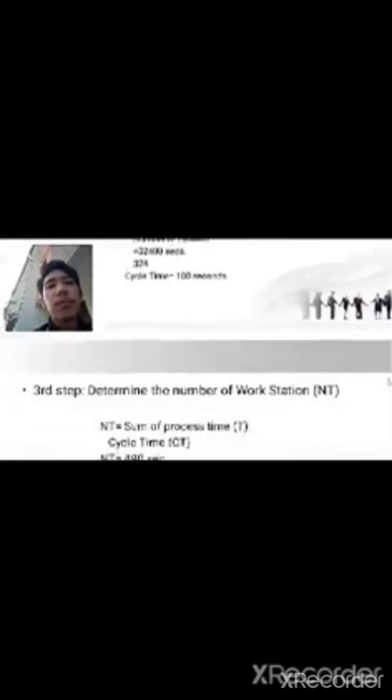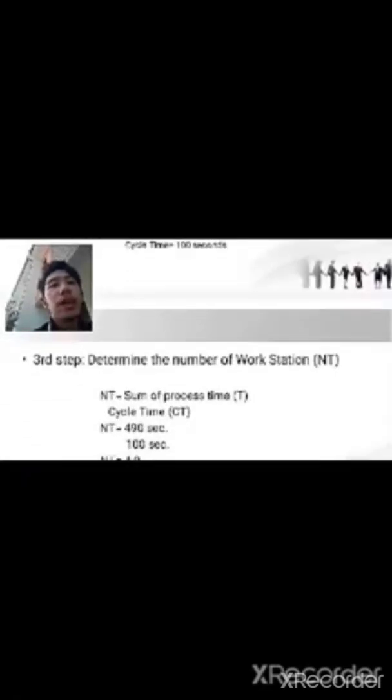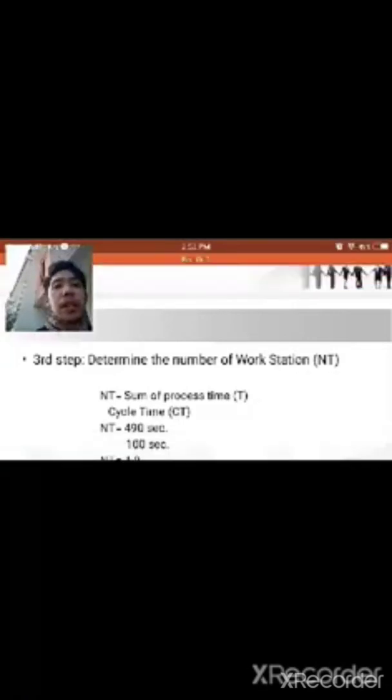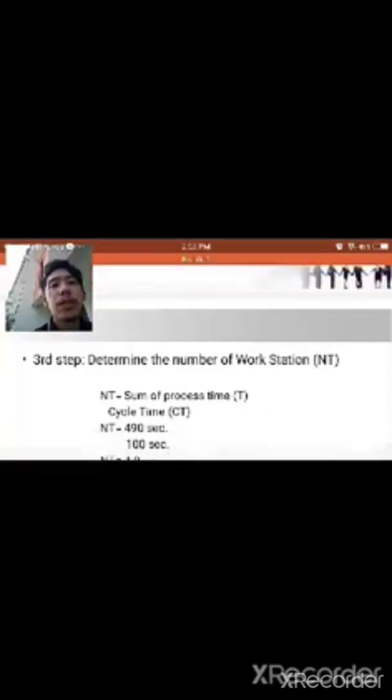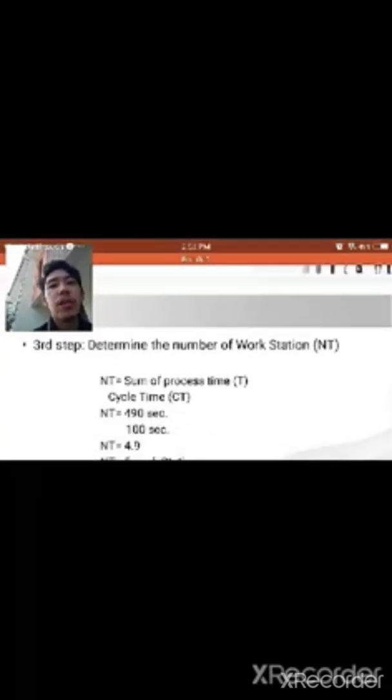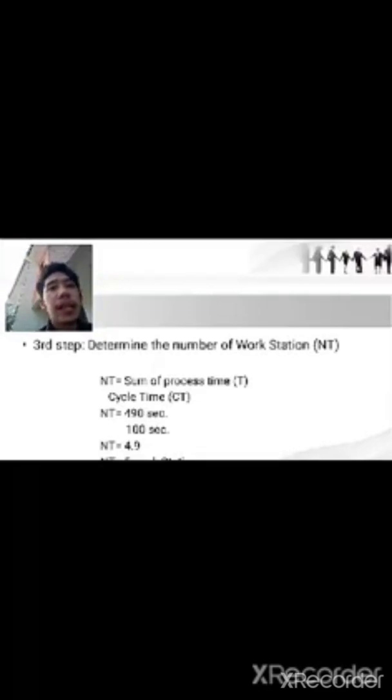The next step is to determine the number of workstations. This is very important because in our study, we need to provide the number of workstations to allocate the production processes. In calculating the workstations, we have NT equals the sum of process time over cycle time.